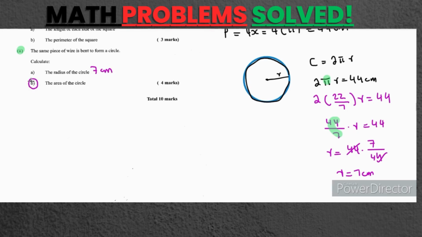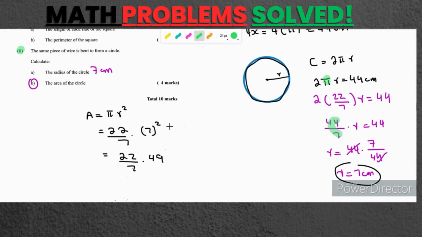Then you have to find the area of the circle. We know how to find the area of a circle. Area of a circle equals pi r squared. So we already know the radius of the circle is 7 centimeters and pi is 22 over 7, right? 22 over 7 times 7 squared. What is 7 squared? 7 squared is 49, right?